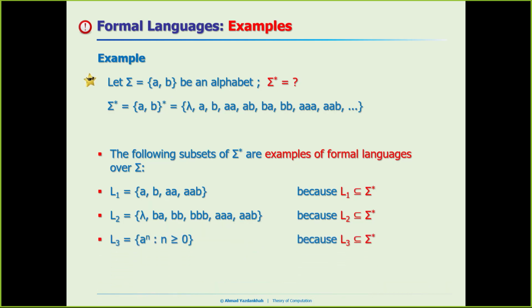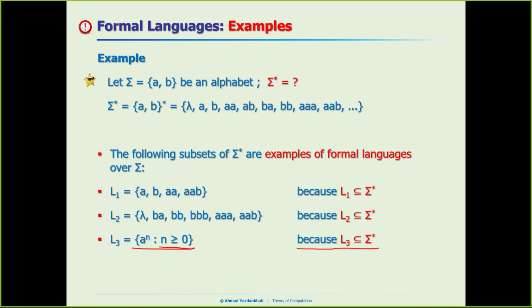How about this one? A to the n, n greater than or equal to 0. I said yes here because this is a subset of that, but are we sure about this? Let's see. Do you understand what language this is?